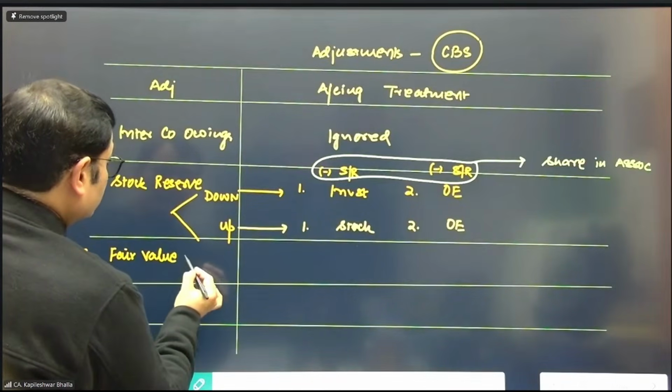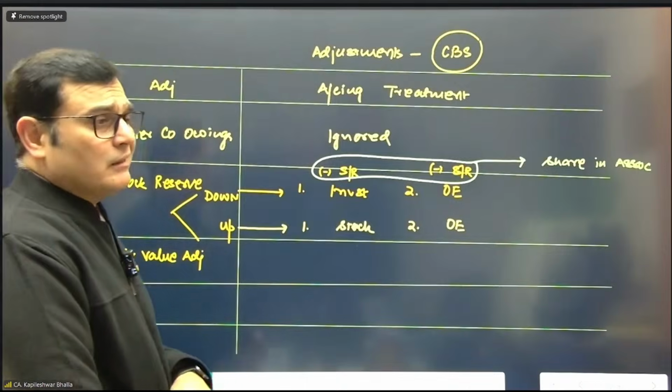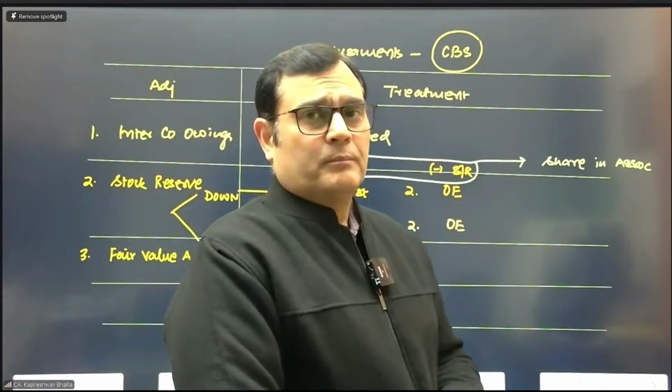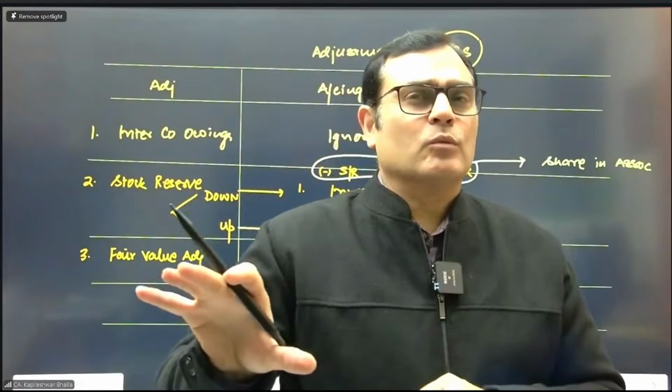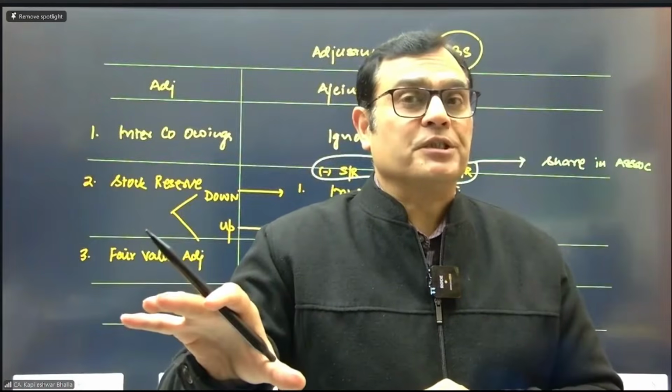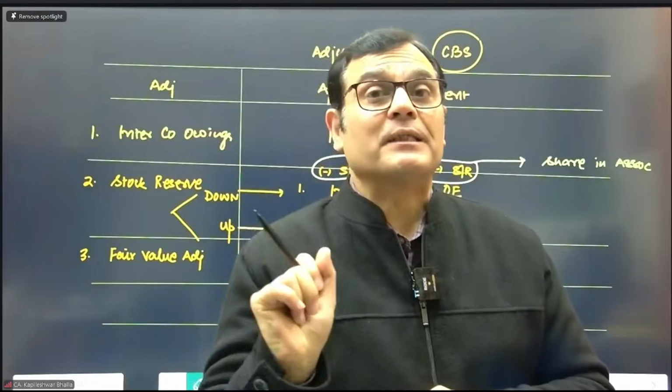Now, fair value adjustments is going to result in changes in the assets and liabilities. I'm not concerned, because we do not aggregate the assets and liabilities in this case. So we are not concerned with the asset liability changes. But due to the asset increase, depreciation is impacted.